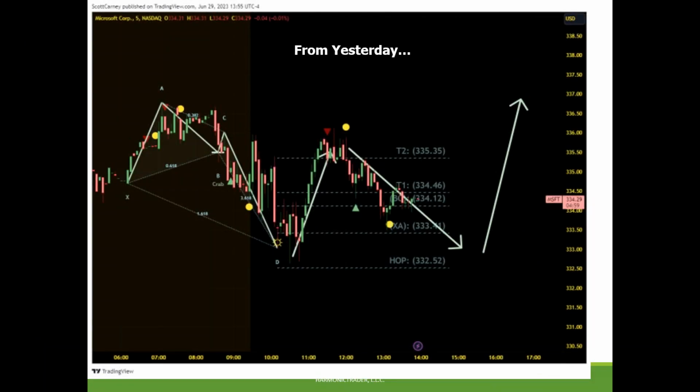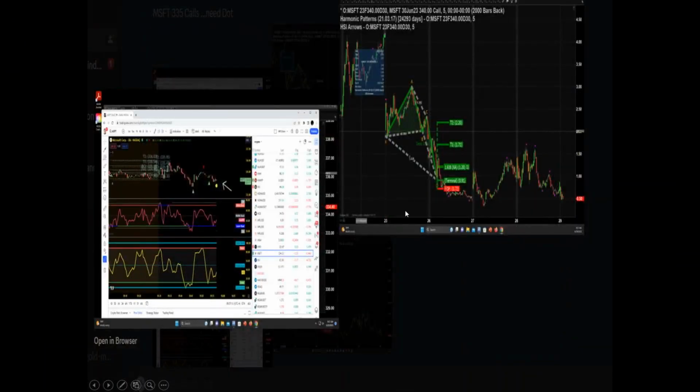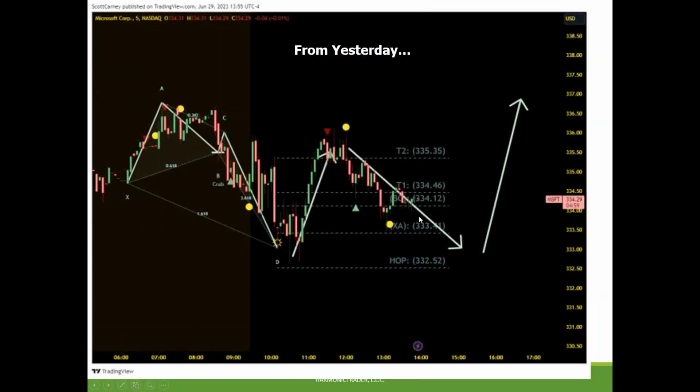So there's Microsoft again. That's yesterday, 333, and just to note, once we hit the XA level at 333.41, that's really the starting point and defines the type 2. The other thing is that I'm looking at both real-time hours only and extended hours.